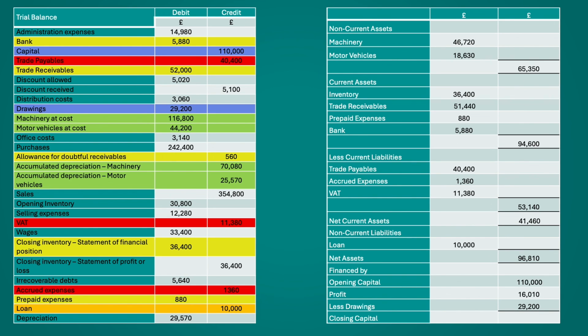The profit for the year in this scenario is being calculated as 16,010, and you could actually calculate this yourself if you wanted to draw out the profit or loss, but that is definitely a separate video. We have drawings of 29,200, and we can then calculate the closing capital by doing the opening capital plus the profit minus the drawings. And we can see from this that both our financed by section and net assets figure are equal.